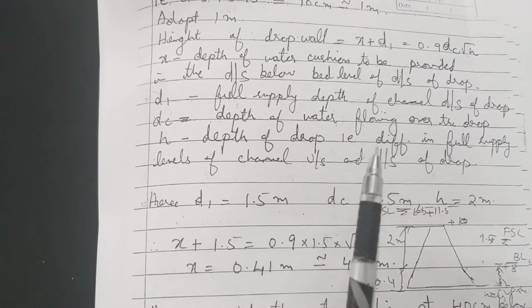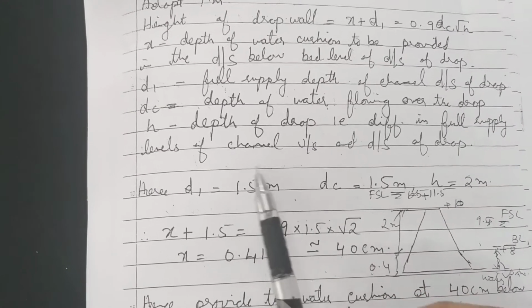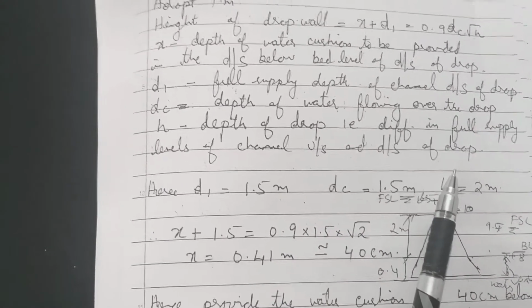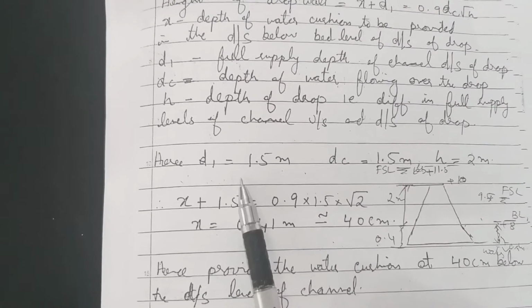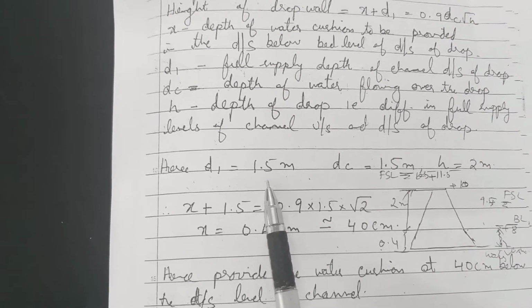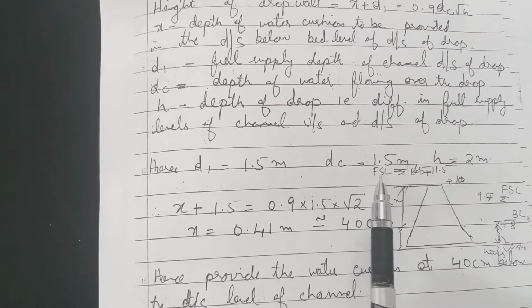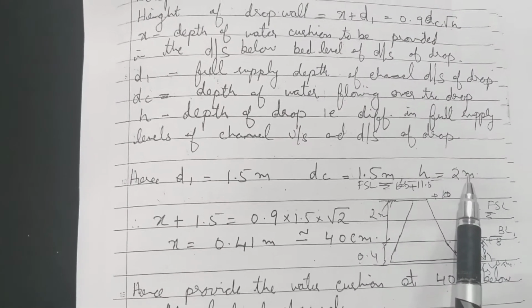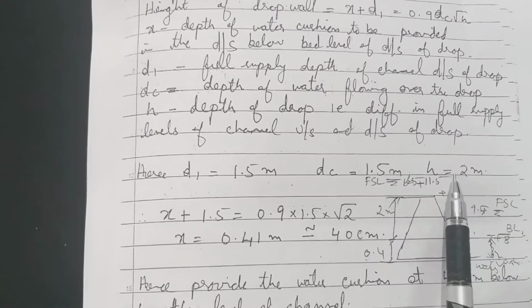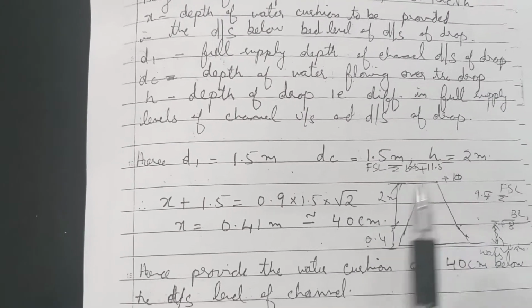H is the depth of drop, that is difference in full supply level of the channel upstream and downstream of drop. Here D1, that is full supply depth of channel downstream of drop, is equal to 1.5 meter. Dc, that is the depth of water flowing over the drop, is equal to 1.5 meter. H is the depth of drop, that is the canal fall or canal drop, equal to 2 meter.